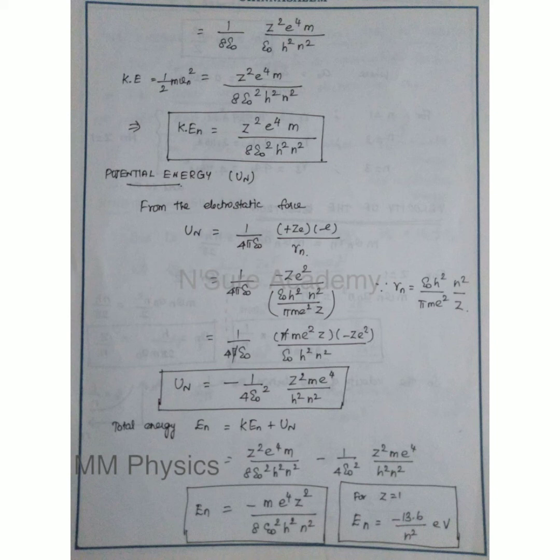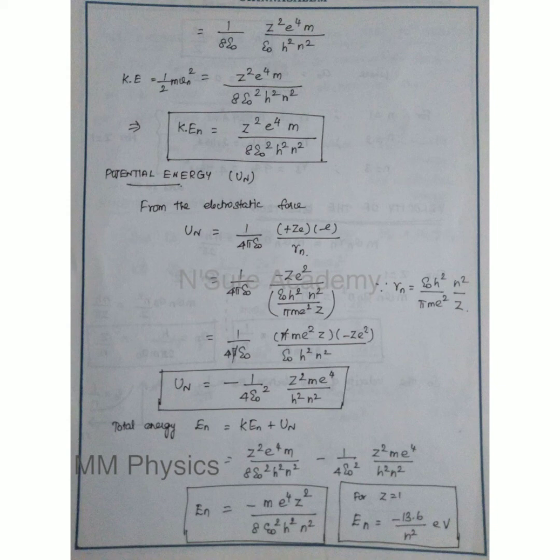So minus 1 by 4 epsilon naught square Z square m e power 4 divided by h square n square. This is the energy equation, not the force equation.